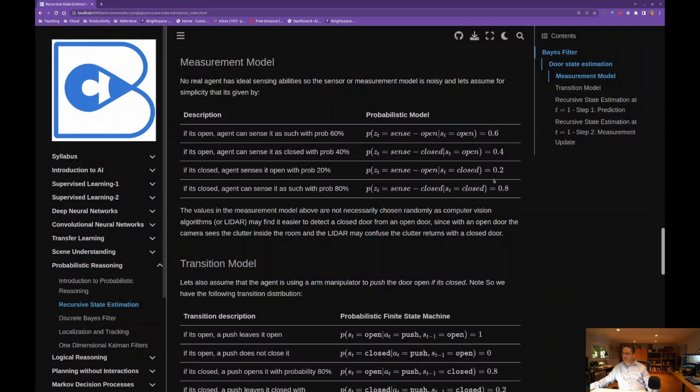Okay, so we have two possible states, either open or closed, and we have two possible senses, again a binary measurement, and in this case we have four possibilities that we specify in this distribution. Now you're going to ask where these probabilities came from, why 0.6 and not 0.7 and so on.